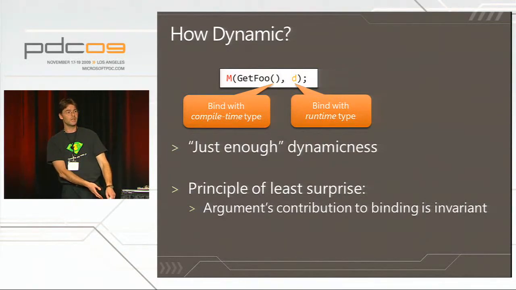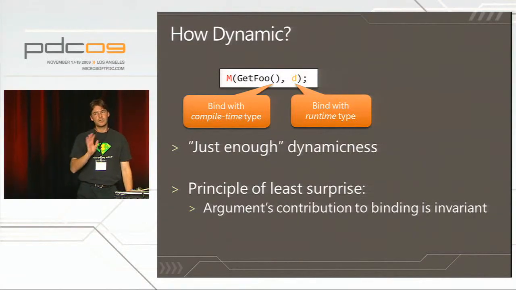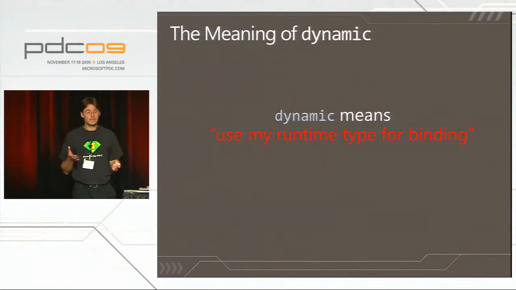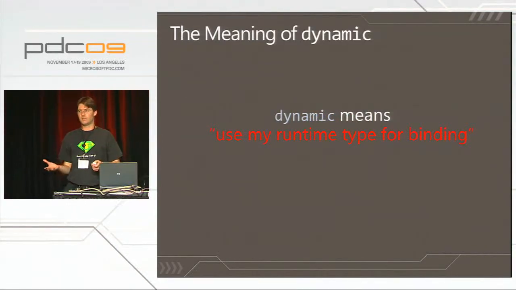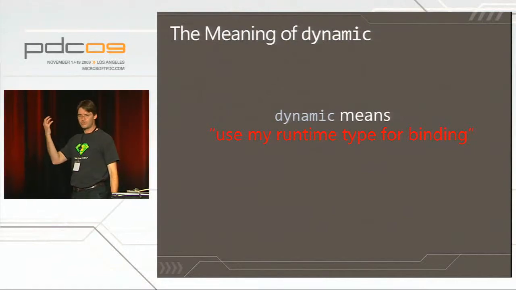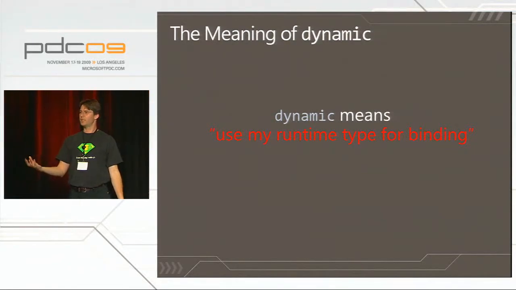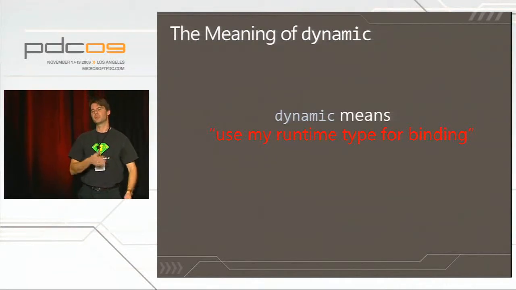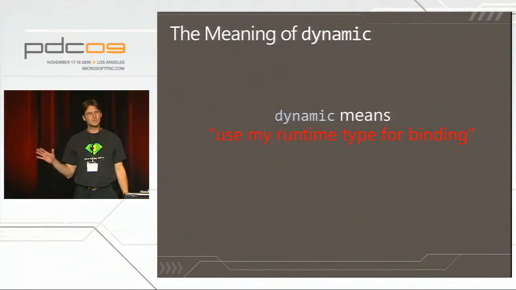Nobody's going to make a decision based on that. That's the promise of this language feature, which is a nice property. So all this sums up what dynamic really means. The dynamic type means for this object, use my runtime type for binding. If you don't have that type, your runtime type is not going to get used for binding. That's really what it all boils down to.